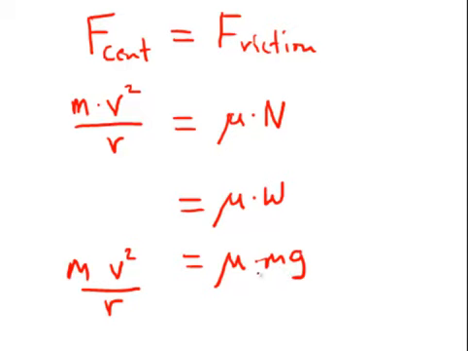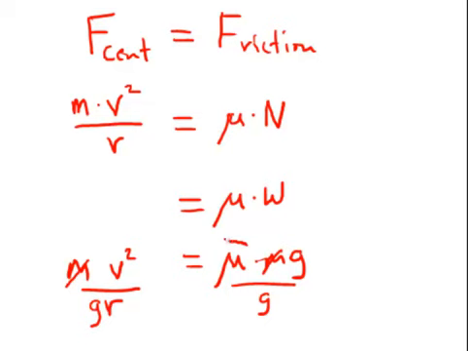I see something interesting here. The mass is on both sides. This is the mass of the car that's going around in a circle, and this is the mass of the car that's helping to create the friction. So we can divide both sides by m, or essentially cancel it out. We almost have mu; a quick division by g is the same as putting g in the denominator of this fraction.